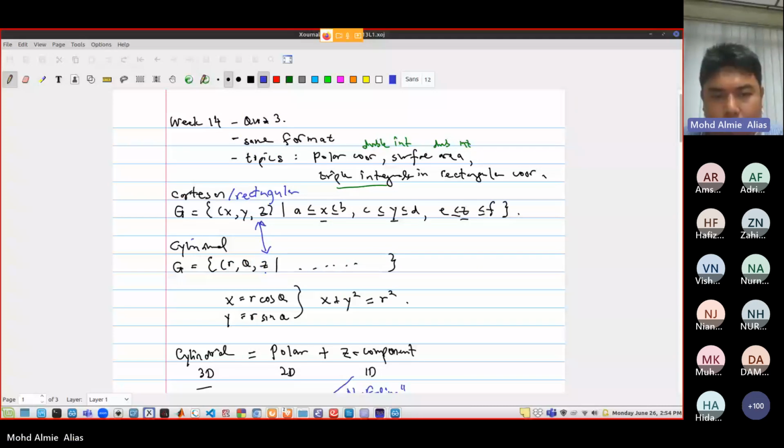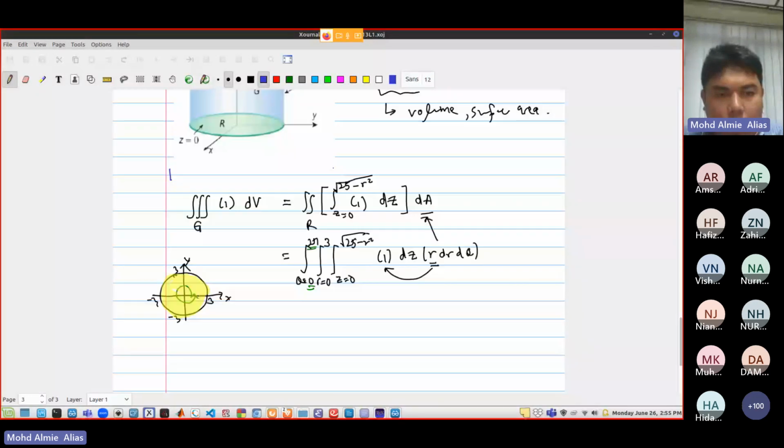But now, rather than using r, theta in cylindrical coordinates, how about using x, y from rectangular coordinates?